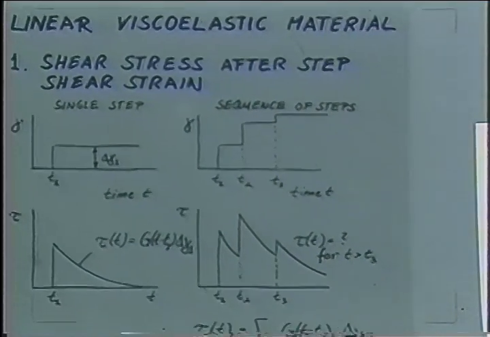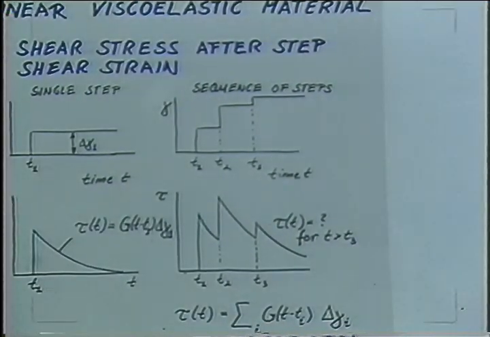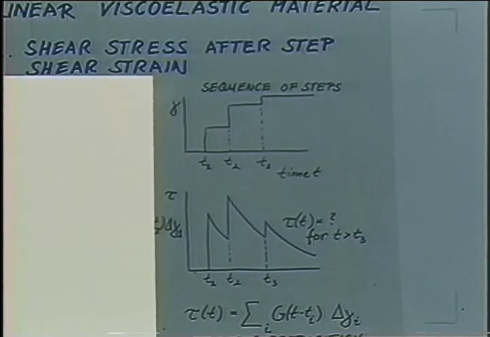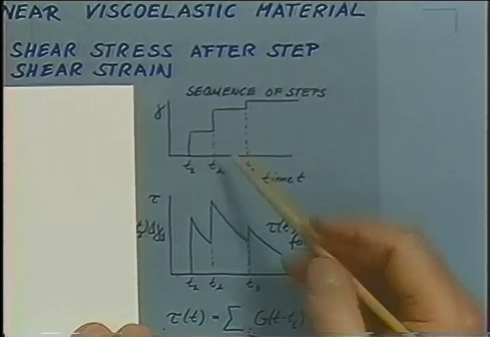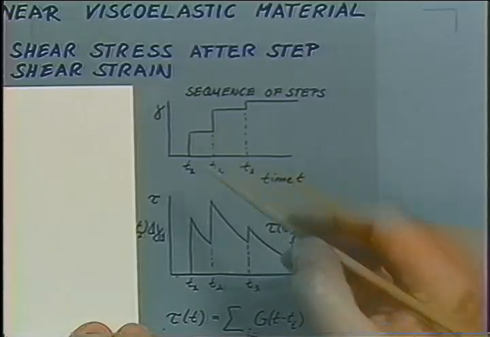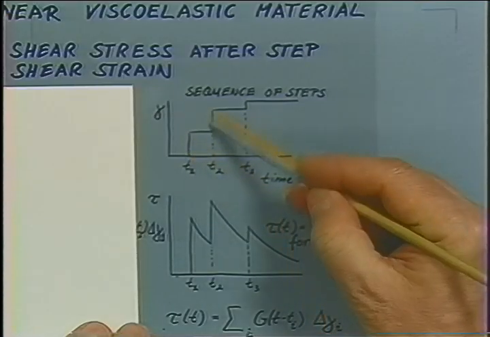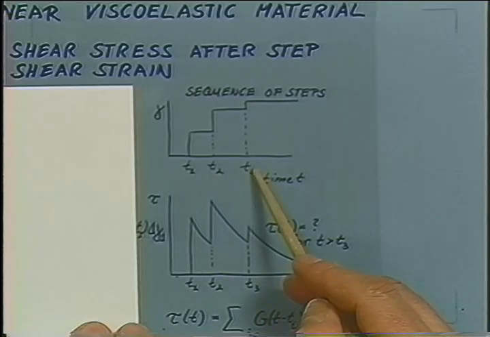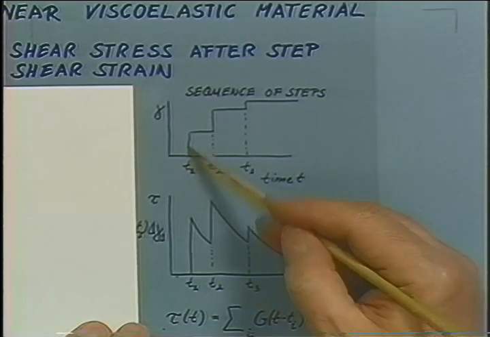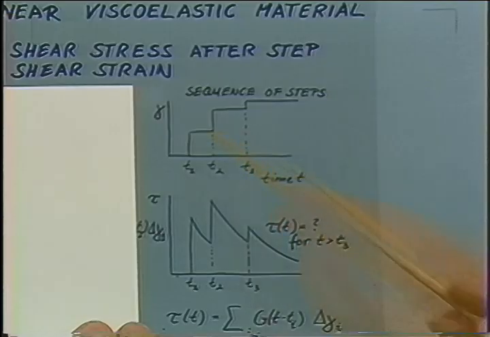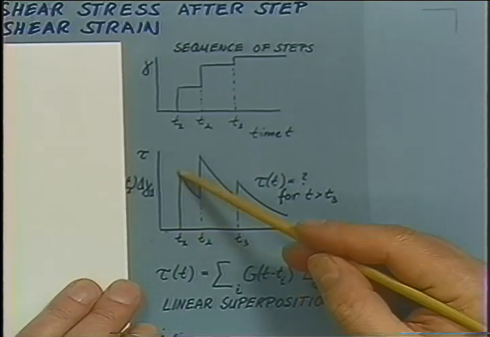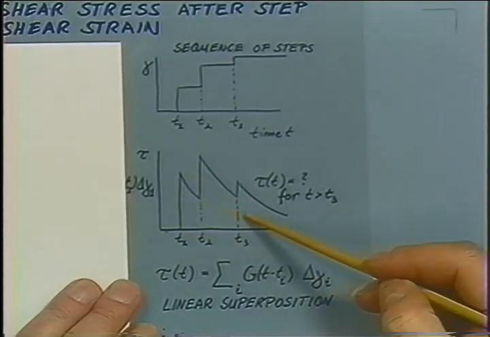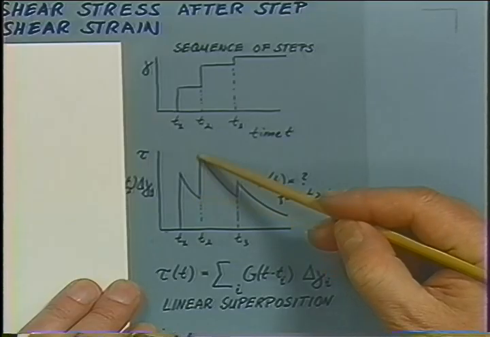And now comes the linear superposition. We would take a material which is exposed to a sequence of strains, here delta gamma 1, delta gamma 2, delta gamma 3, at 3 different times. And the stress after this first deformation would be relaxing in this fashion and would continue relaxing if we wouldn't put in another strain.